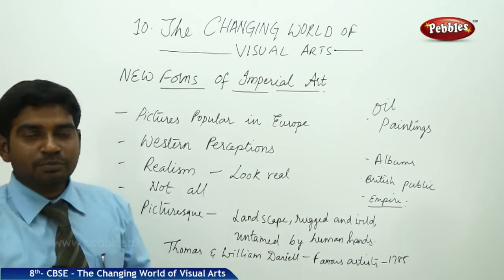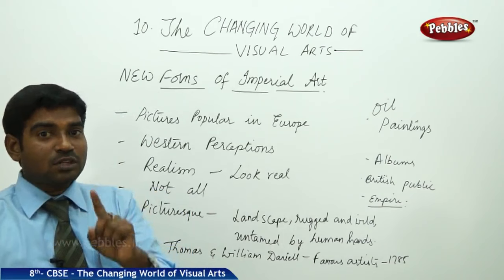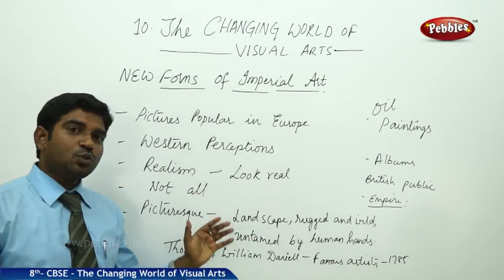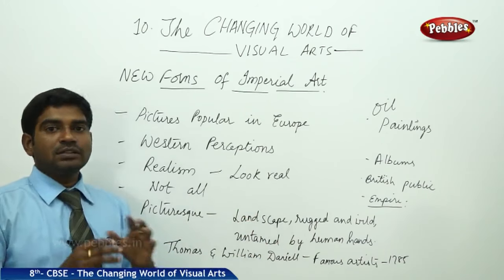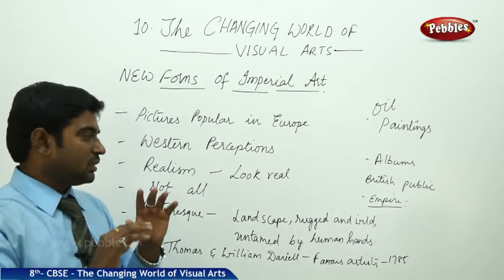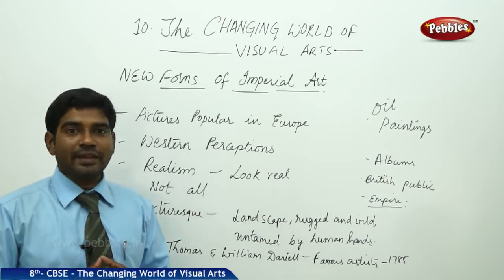What is a picturesque? Picturesques were very famous during the Britishers' rule. A picturesque is a landscape which is rough, rugged and wild, untamed by human hands.